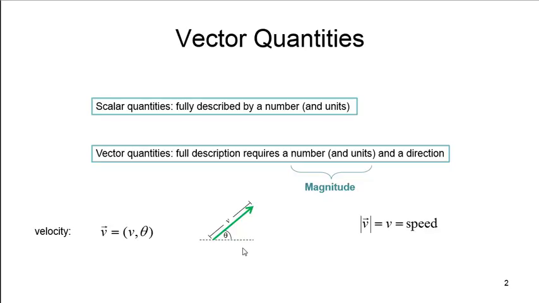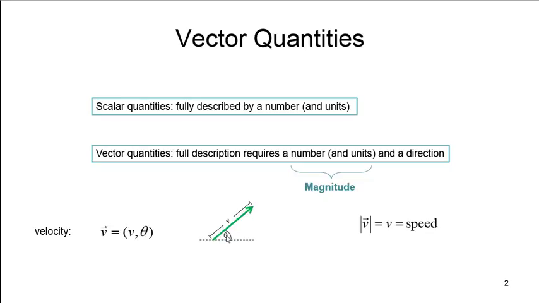Now, when we're drawing pictures, we're going to represent our vectors as having a starting point and an end point. The direction of the arrow tells us the direction, in this case, of the velocity. This is similar to the kinds of arrows we drew when we made motion diagrams. It's pretty much the same thing now. Our magnitude is going to be represented by the length of this arrow.